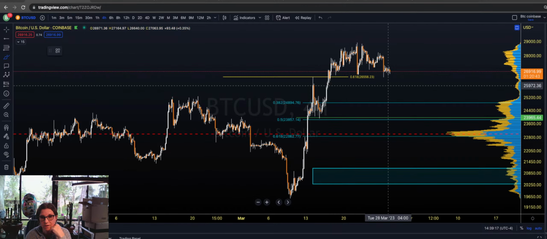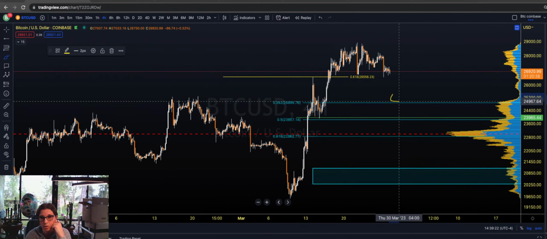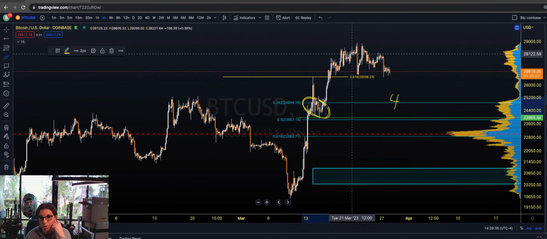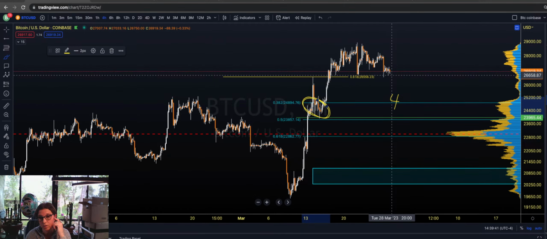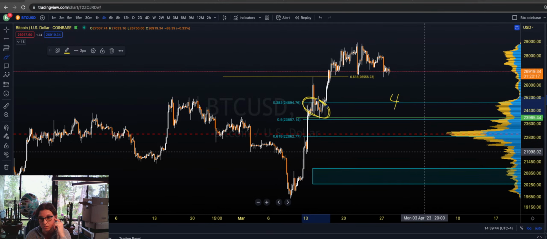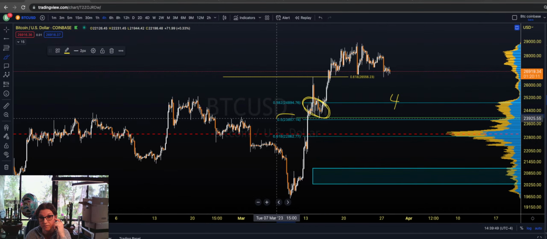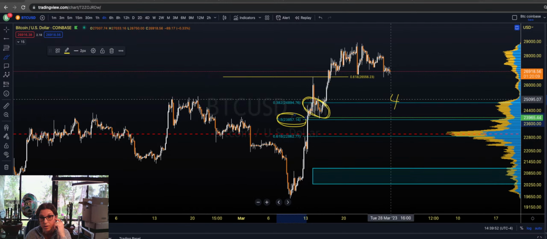And if you've watched my videos, you hear me talk about that a higher degree 4, 95% of the time is going to find support on their lower degree 4 or higher. Coming underneath this 4, you can pretty much wipe off the idea that this is a 4. At that point, we're going to be thinking 2. It's got to hold above here or right on it, the 0.5 here, and then go up for the 5th if that's the plan.